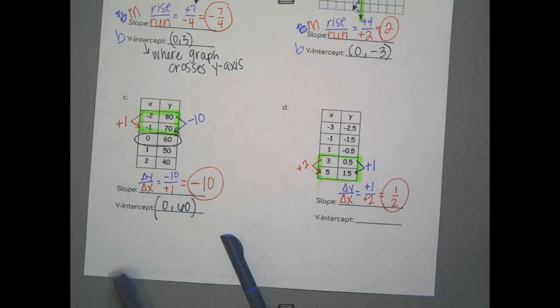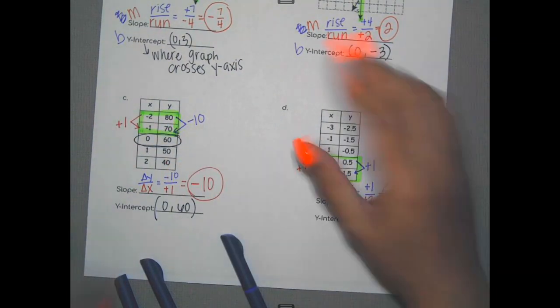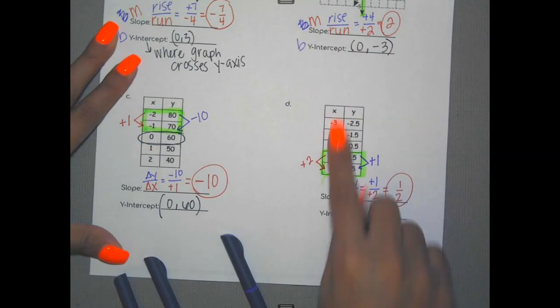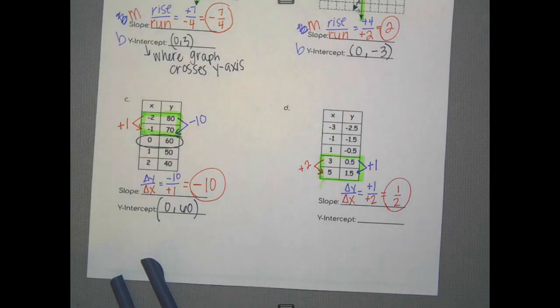And now I'm going to find my y-intercept. So when we looked at the first table, we were able to find 0 in my x column. I don't have it here in my x column on this table.